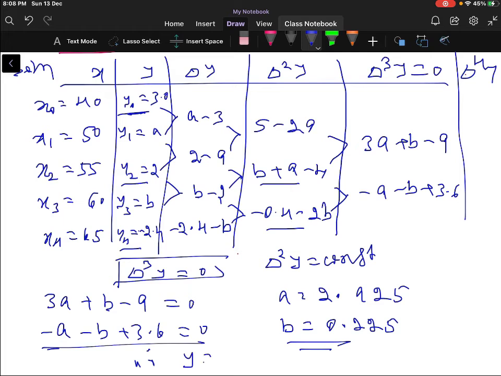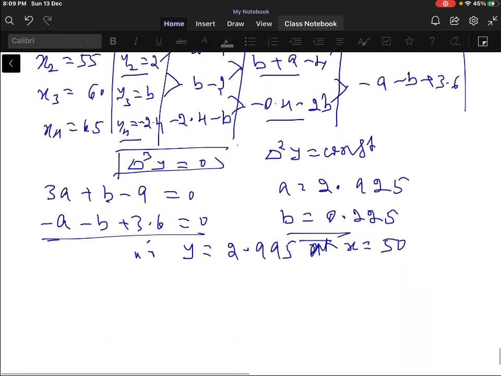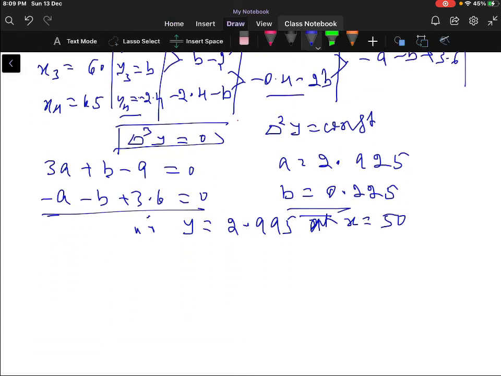So therefore y is equal to 2.925 at x is equal to 50 and y is equal to 0.225 at x is equal to 60.